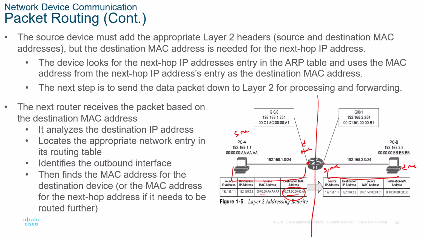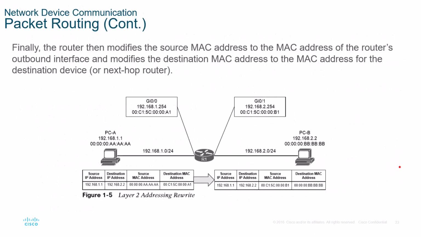One network, two network. Remember that the MAC address is used for local communication. Packet routing: when we look at this, the router will modify the source MAC address and destination MAC address as appropriate at each boundary.